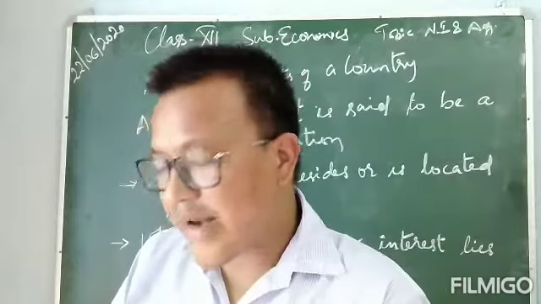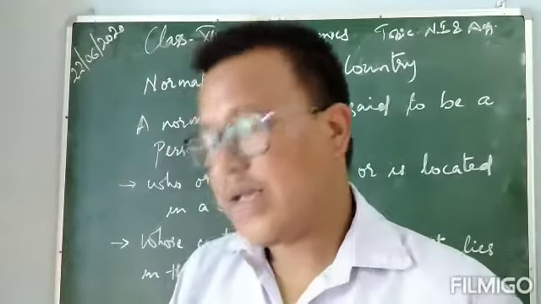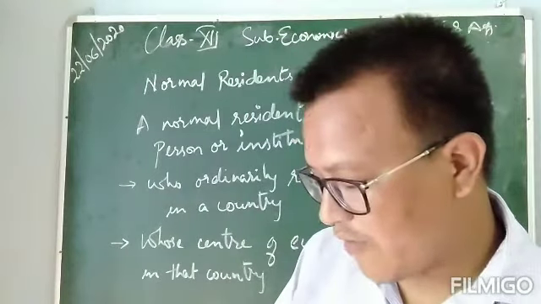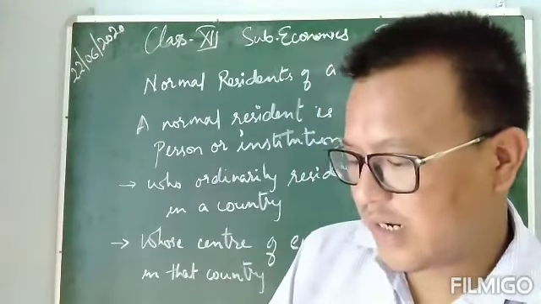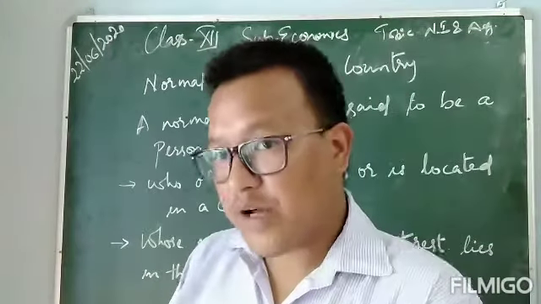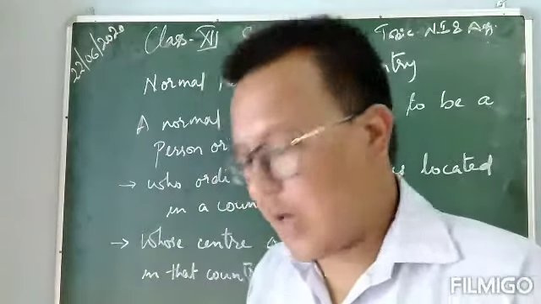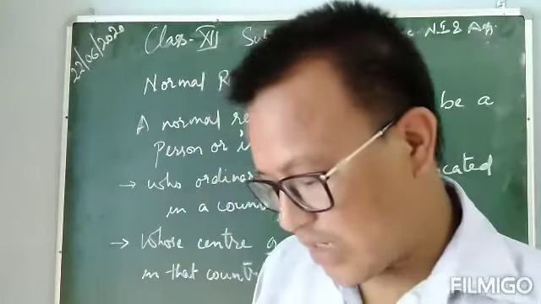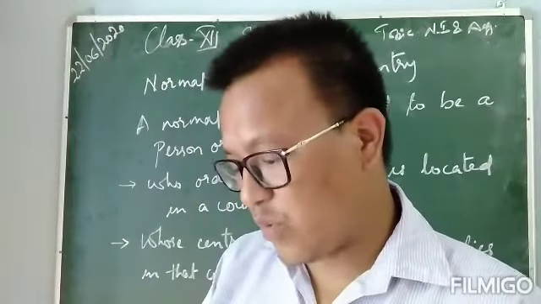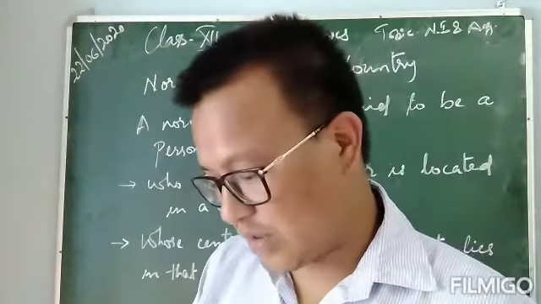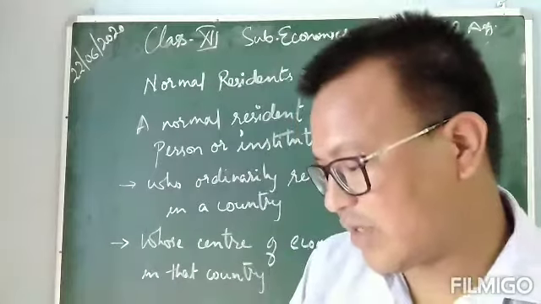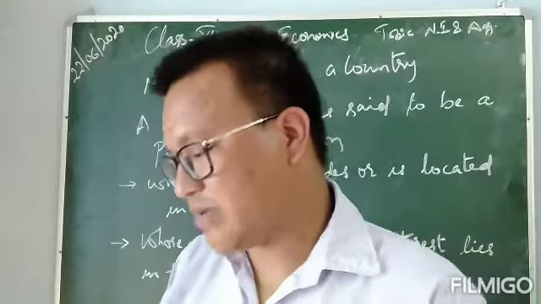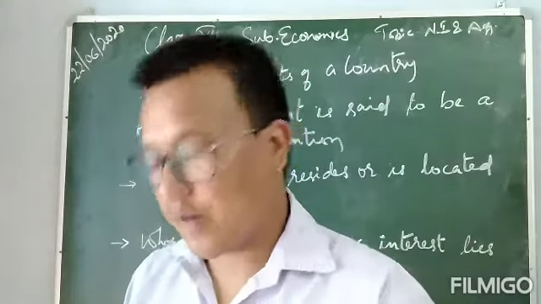The monetary value of domestic product is termed domestic income. So domestic territory helps to understand domestic income, and the concept of normal residence helps to estimate national product.